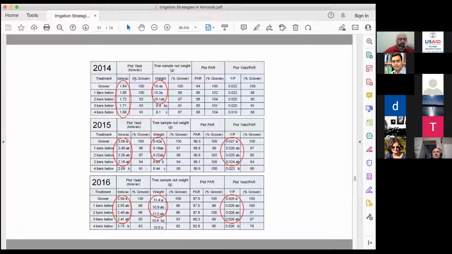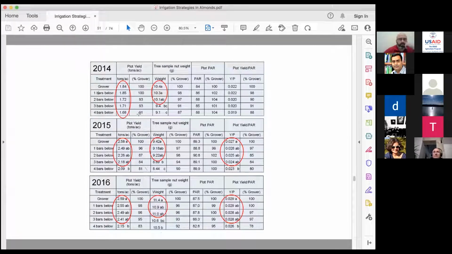The grower applied 100%, almost close to the full evapotranspiration. 1 bar below evapotranspiration was basically what the grower applied. 2 bars below was 93% of the grower, and 4 bars below was 91% of the grower. The yield differences were not significant. However, you can see the significant reduction in the tree nut weight as you go lower in percentage of water application.